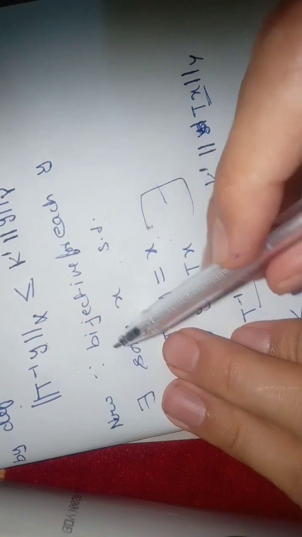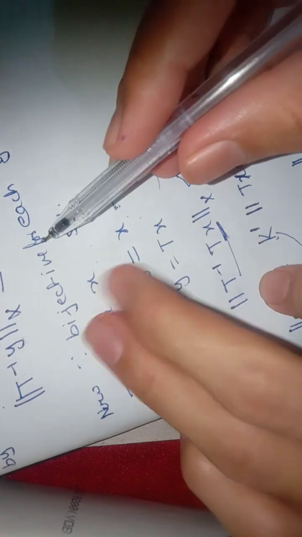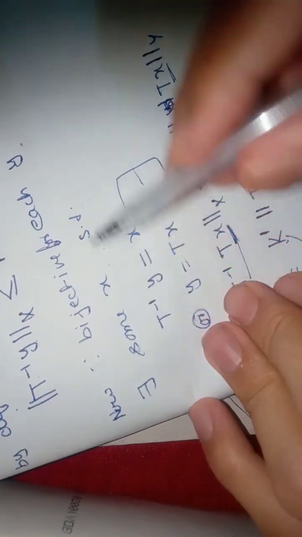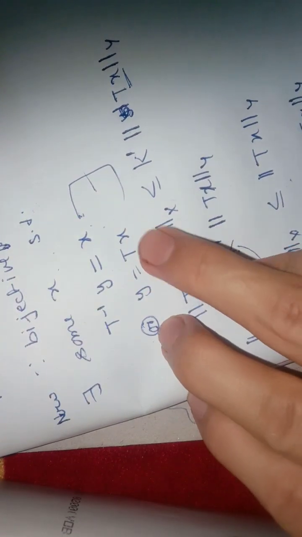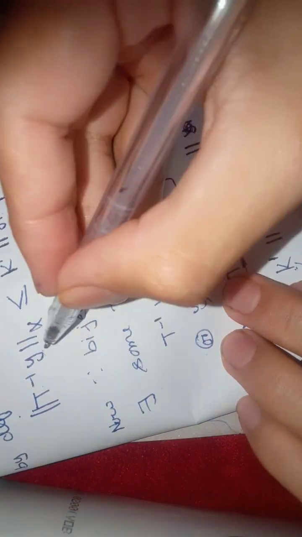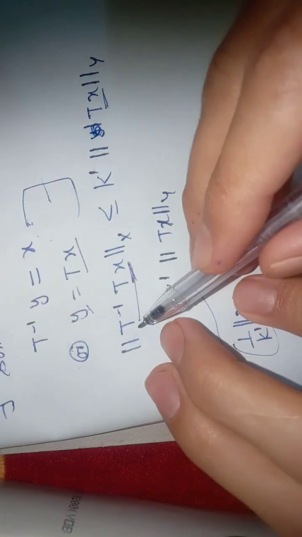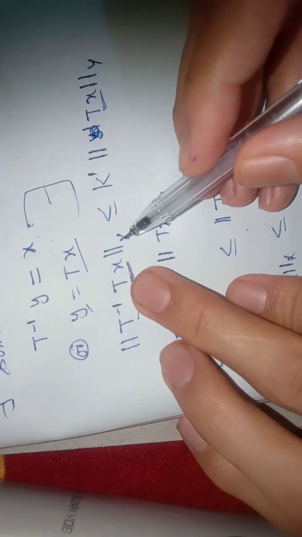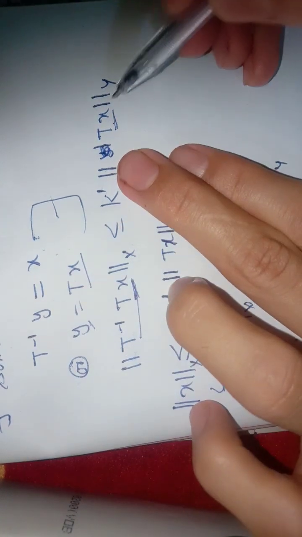Since by the question's statement T is bijective, T inverse is also bijective, so for each y there exists some x such that T inverse y is equal to x, or we can say that y is equal to Tx. It is obvious, and then we put y equal to Tx in equation number two. So norm T inverse Tx is less than or equal to k dash norm Tx.